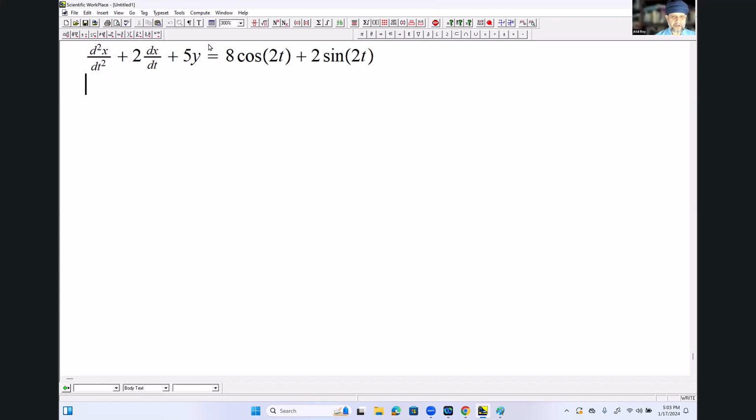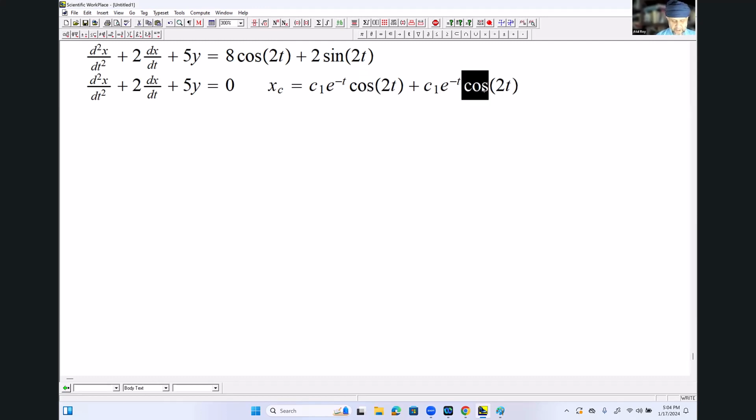So if we set this equal to 0 and use the quadratic formula, then the complementary function turns out to be c1 e to the negative t cosine 2t, right, then plus c2 e to the negative t sine 2t, right?